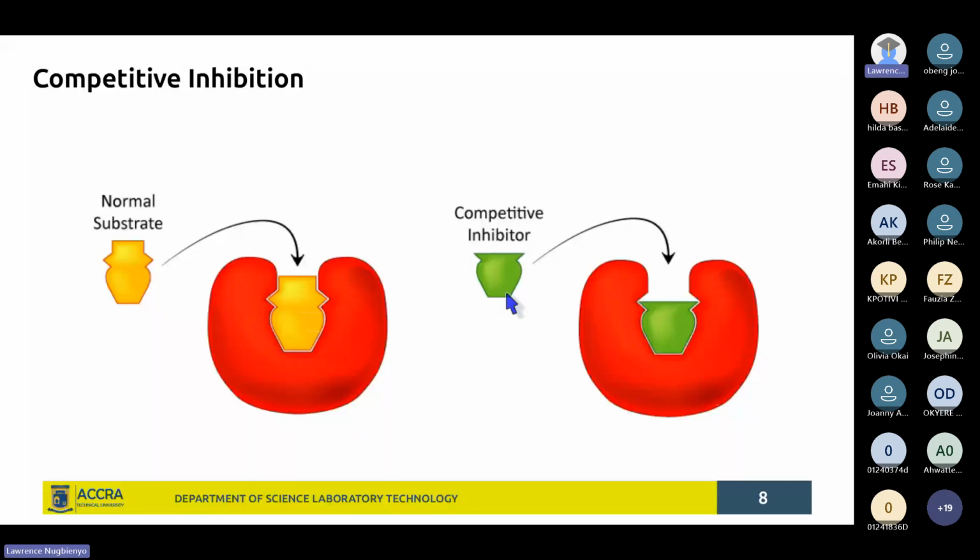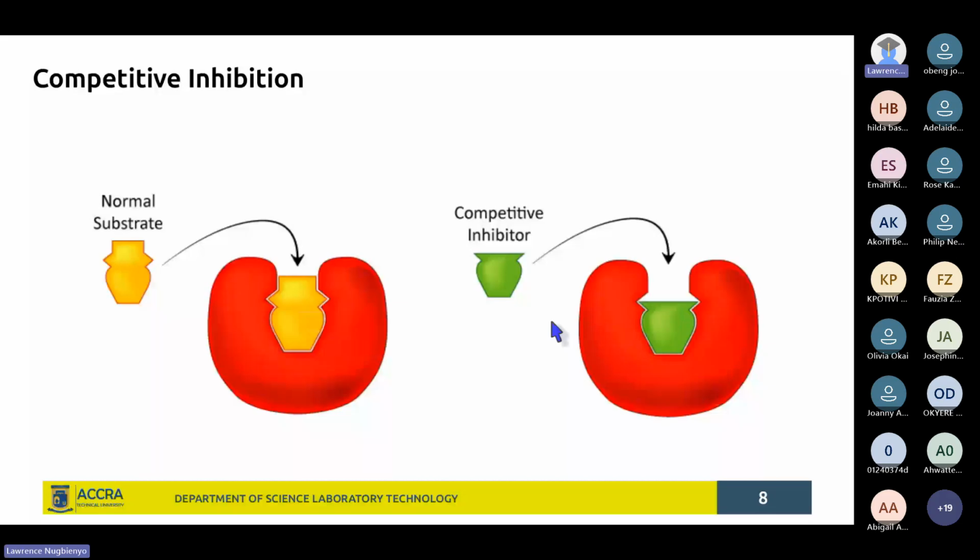Both of them can fit into the active site of the enzyme. So the inhibitor fits in. Once the inhibitor fits in, it blocks the substrate from binding to the active site, and so the reaction does not proceed. So that is how the competitive inhibitor will inhibit the reaction.